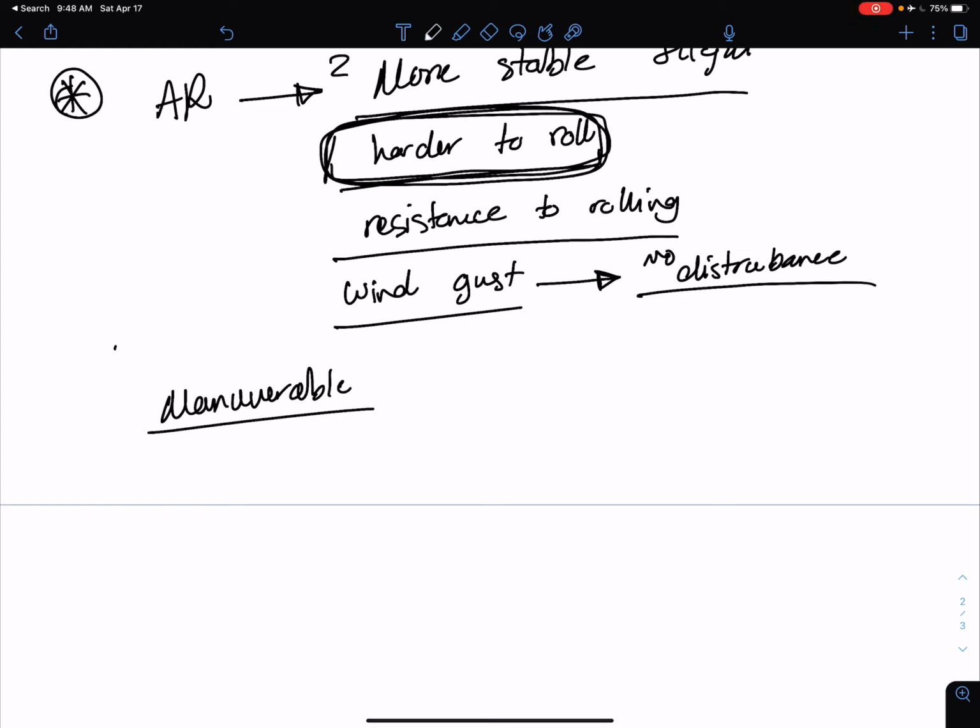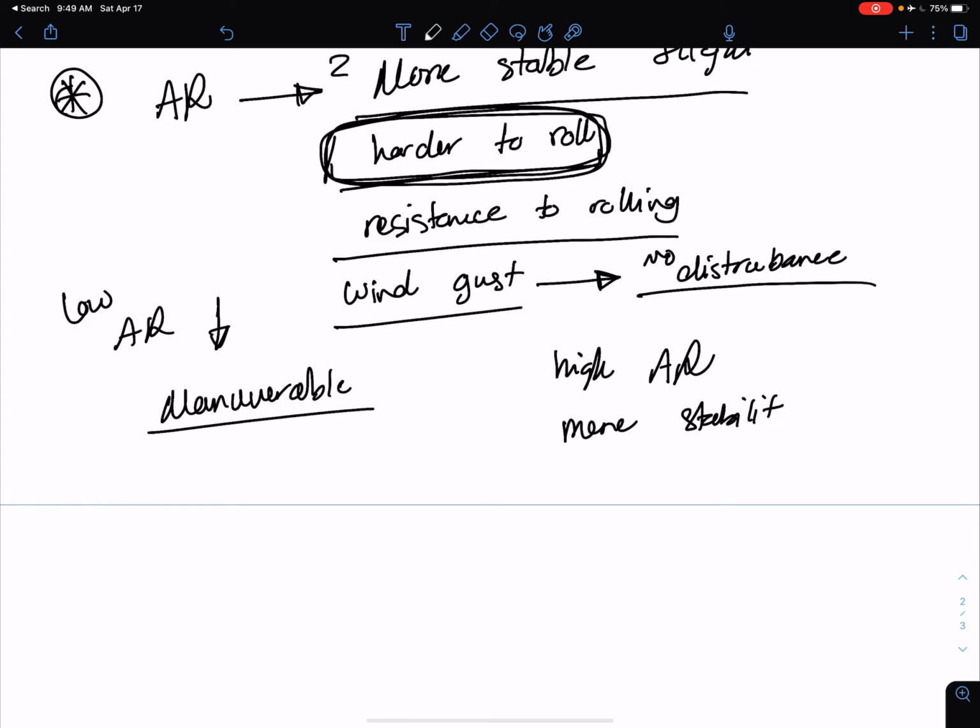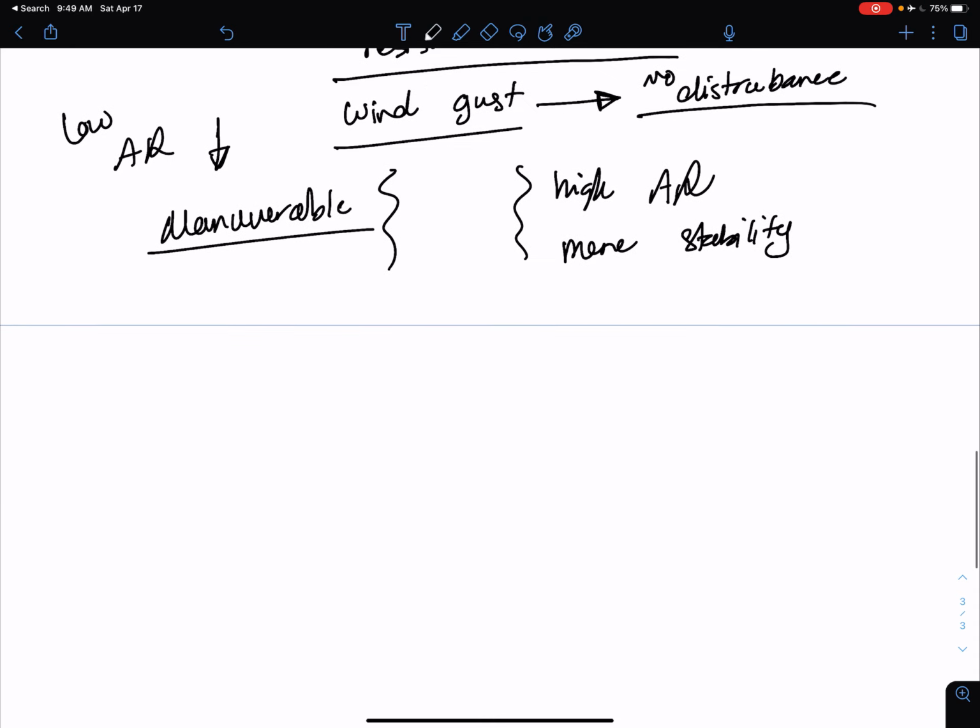Okay. So low aspect ratios, more maneuverable. High aspect ratios, more stability. And this is a choice you have to make whenever you are designing an aircraft. Do you want it to be more stable, or do you want it to be more maneuverable?